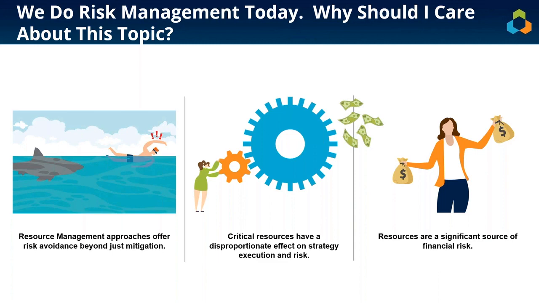And getting back to the test we've been in for the past 18 months that just doesn't want to end, just think about how COVID, I know everyone goes to this topic, but look, for resource management, is anything more applicable? Think about those that have been away. We won't get into the gory details. Obviously, it's affected everybody, but those that have been away from the office for whatever reason due to COVID, there are certainly some resources that have had a disproportionate effect on our ability to actually deliver things.